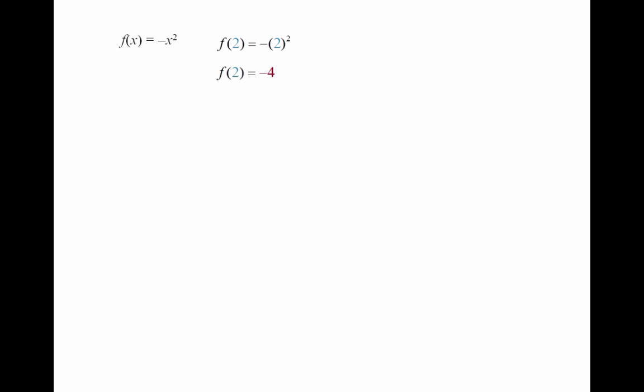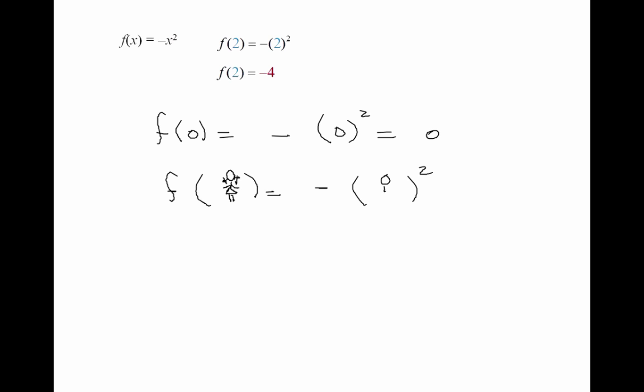So in this case, if f of x equals minus x squared, what is f of 2? You substitute 2 for each x, and remember, this minus doesn't belong to that exponent. So you have to be very careful. If I want to find what f of 0 is, what do you do? You substitute 0 for each x. So it would be 0. If I want to know what f of this little girl is, what do we do?